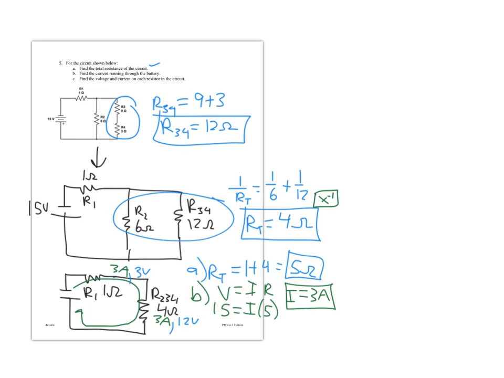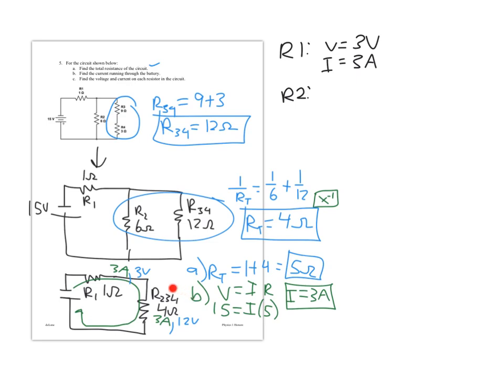I'm going to off to the side here start writing these ones down because I do have R1 completed now. So for R1, I can say my voltage is 3 volts and my current is 3 amps. I'll do the same for R2 and then 3 and 4 as I get to them.